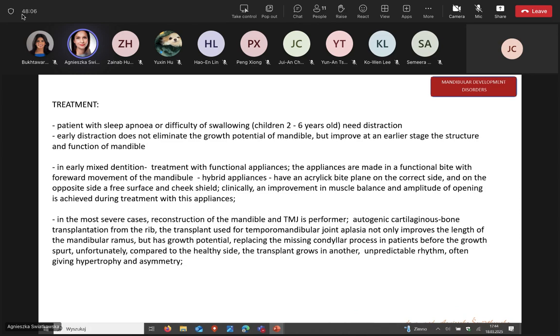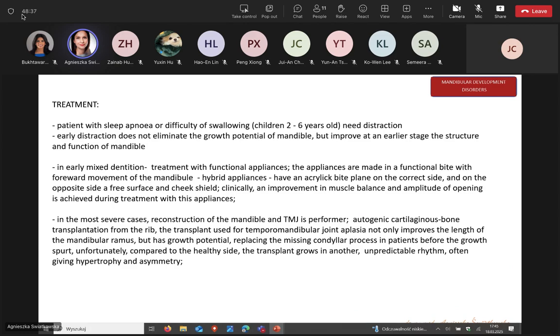In the most severe cases, reconstruction of the lower jaw and TMJ is performed: autogenic cartilaginous bone transplantation from the rib. The transplant used for temporomandibular joint aplasia not only improves the length of the mandibular ramus, but has growth potential, replacing the missing condylar process in patients before the growth spurt.